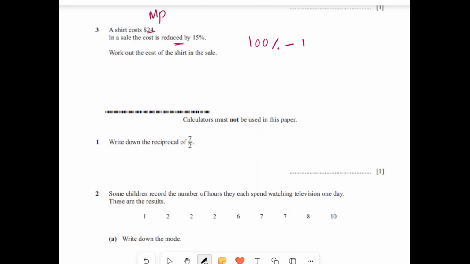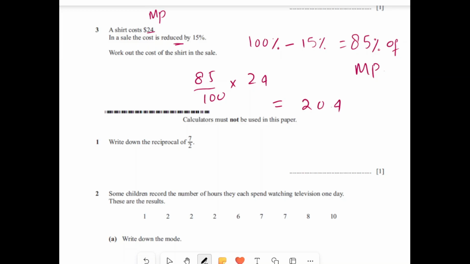We are going to pay 100% minus 15%, like 85% in total. 85% of marked price. So we will calculate 85 by 100 multiplied by 24, and that will give us $20.4 after simplification. Write down.